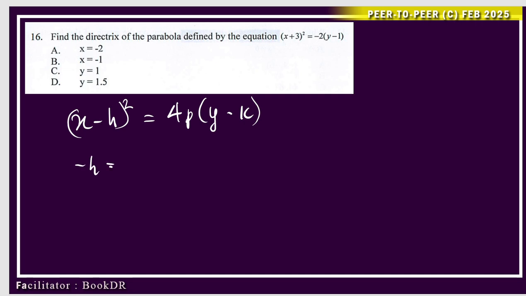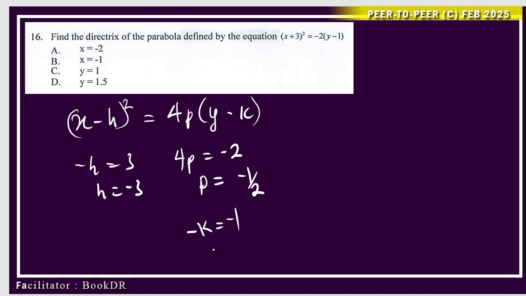Minus h is equal to 3 implies h is equal to minus 3. Then 4p is equal to negative 2 implies p is equal to minus half. Then minus k is equal to negative 1 implies k is equal to 1. The directrix can be found.